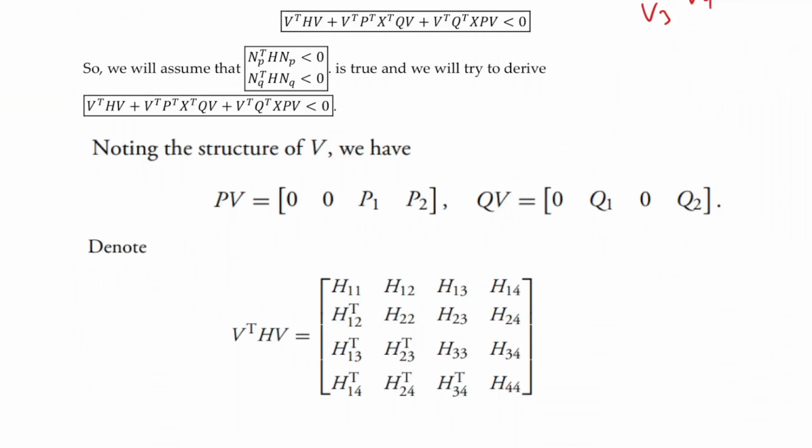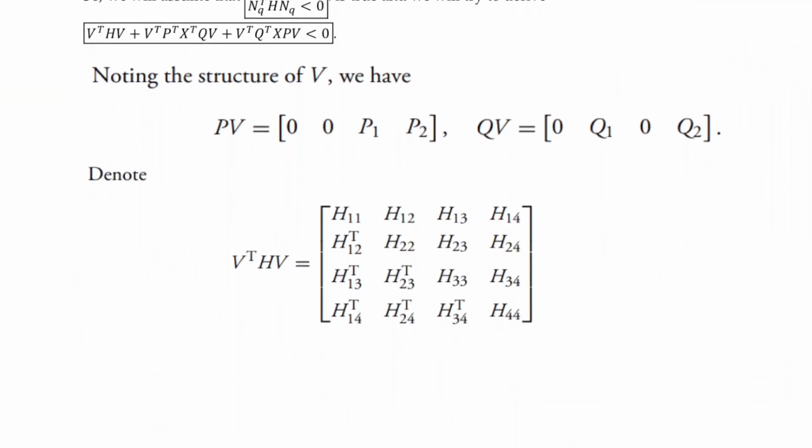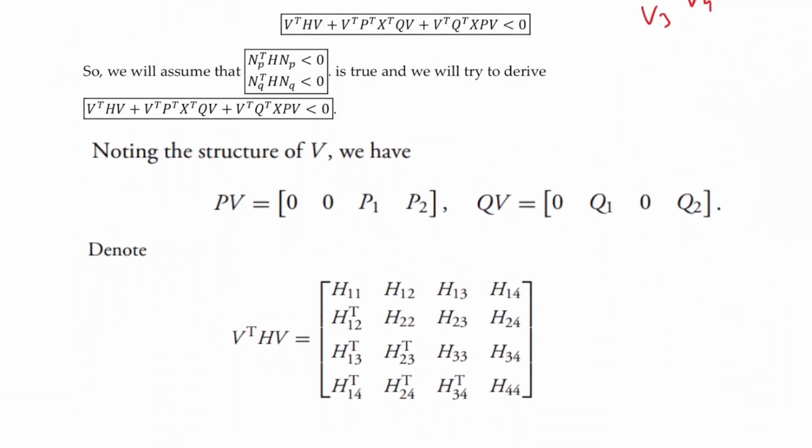So the first term in the general inequality is written here explicitly, right? So we transform H by using V matrix, which is square and non-singular, meaning invertible, and explicitly this term is written here.